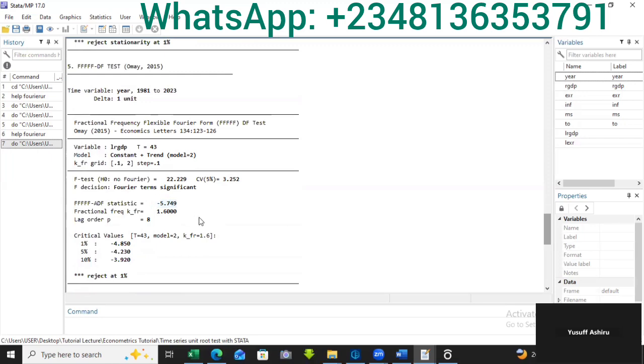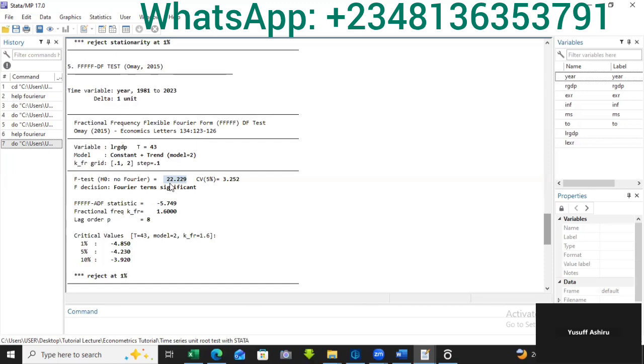The first thing you are meant to check here is the F test. This F test will indicate whether the Fourier terms are significant or not. If the Fourier terms are not significant, there is no point in using the Fourier in carrying out this unit root test.